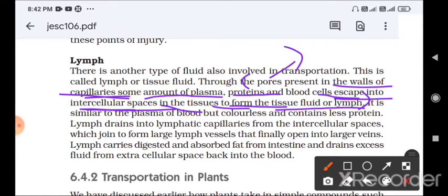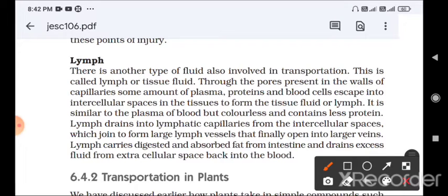How is tissue fluid formed? Through the small pores present in the walls of the capillaries, some amount of plasma, protein and blood cells escape into the intercellular space in the tissue to form the tissue fluid or lymph. This much you have to write.